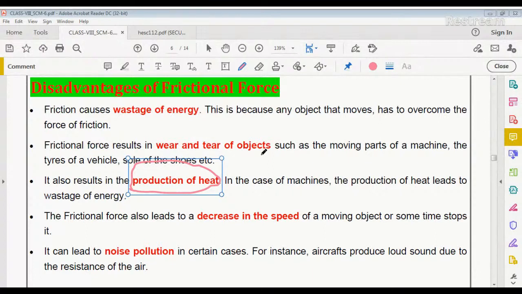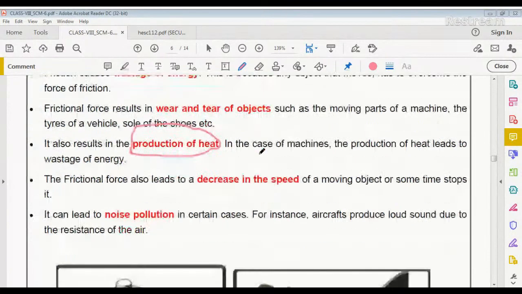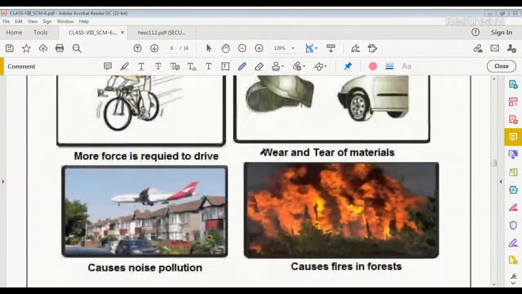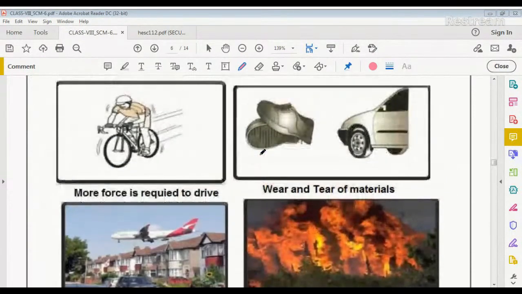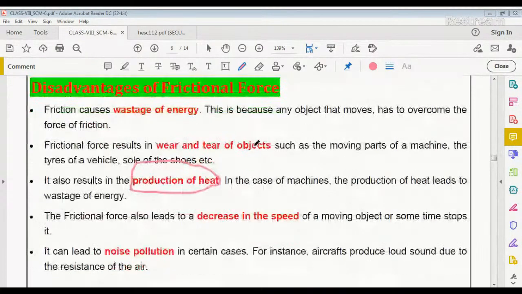What will we feel? And when we strike a matchstick against the rough surface, it catches fire, right? Isn't it? I think there is a picture. There should be. I don't know why there is not.